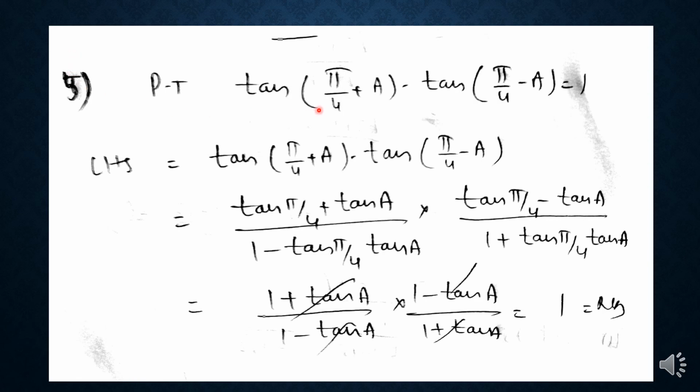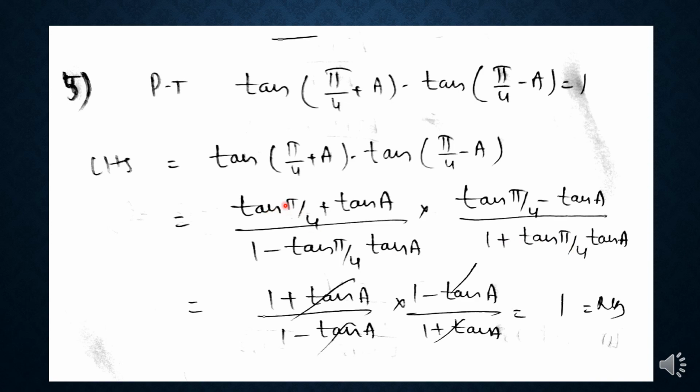So to prove this, tan of pi by 4 plus a into tan of pi by 4 minus a is equal to 1. What is the LHS here? Tan of pi by 4 plus a into tan of pi by 4 minus a, that is tan pi by 4 plus tan a by 1 minus tan pi by 4 into tan a, into tan pi by 4 minus tan a by 1 plus tan pi by 4 into tan a.